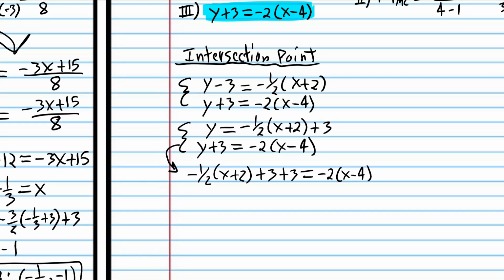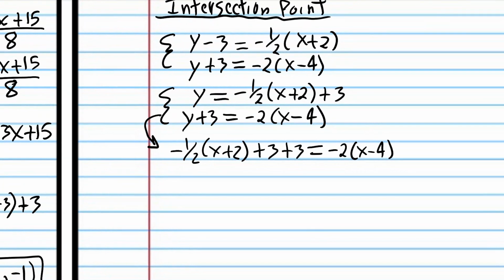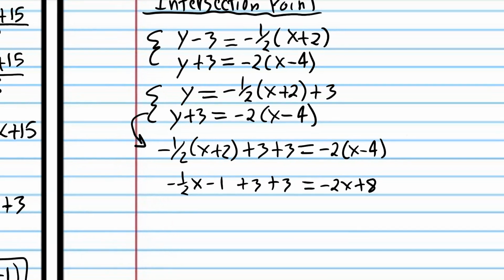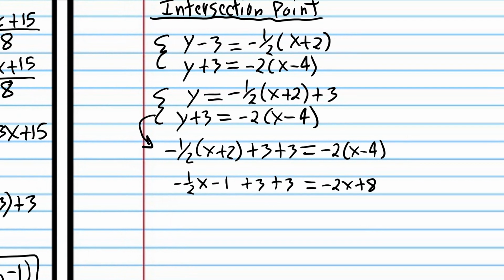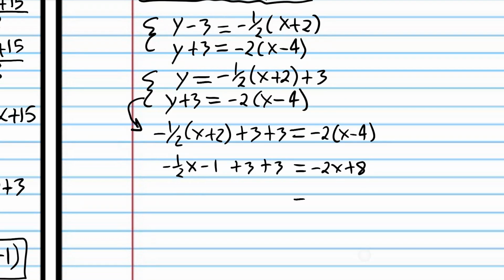And now we're going to use the distribution rule. Negative 1/2 times 2 is negative 1. Again, if you're having trouble with that, you can just review my arithmetic course on the fractions part. I'm going to add all these together, so that would be 5.